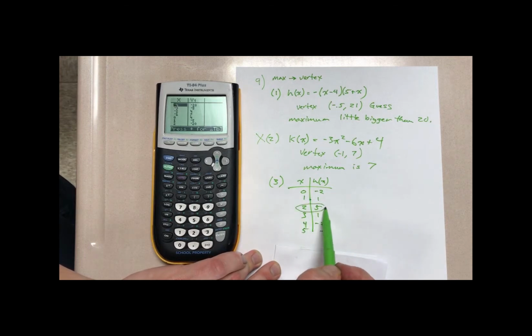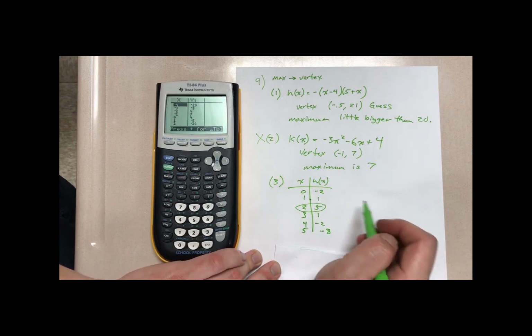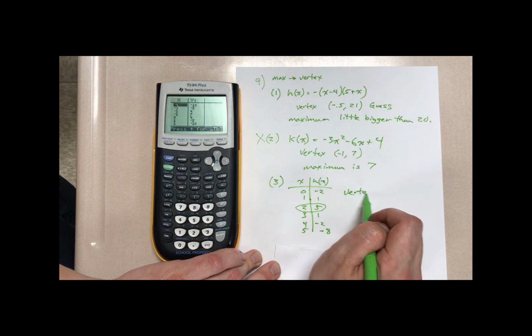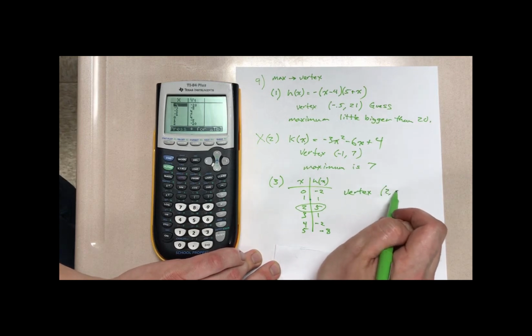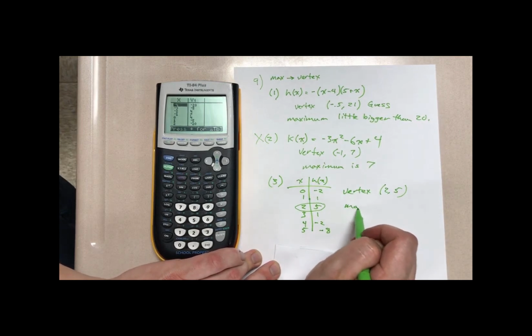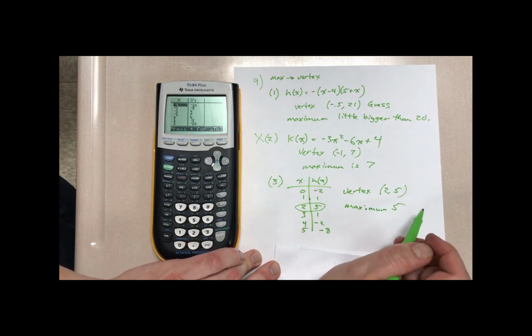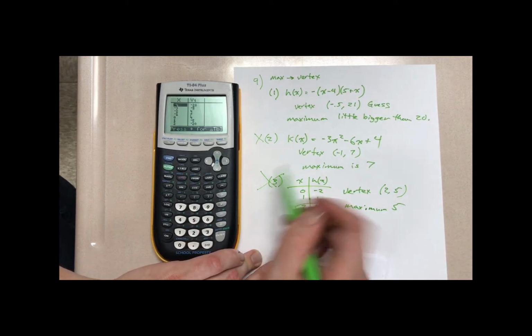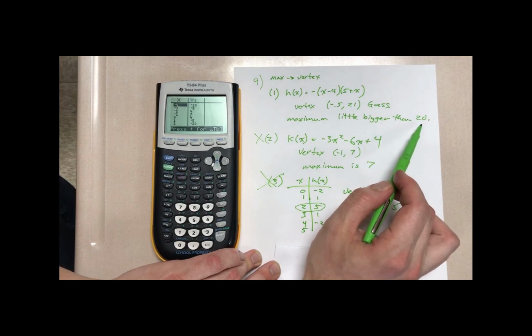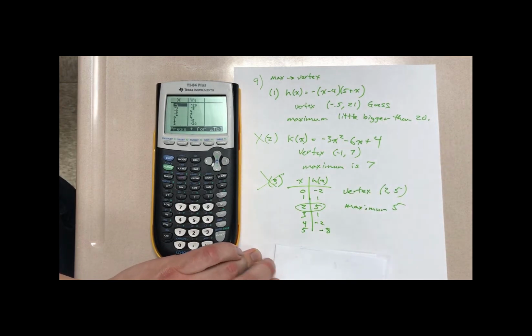And again, you can see the symmetry around 5. 1's on the other sides, negative 2's on either side. So it looks like the vertex for number 3 is 2, 5, and its maximum is 5. So that's definitely not it either, because it still hasn't beat that 20, which is what we got from our first answer choice.